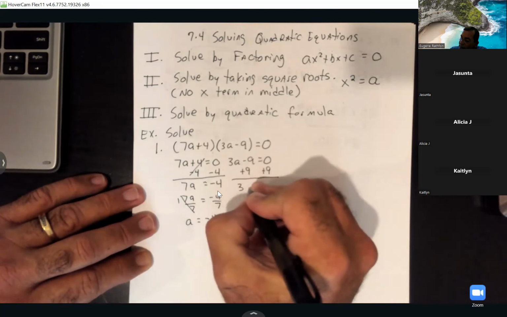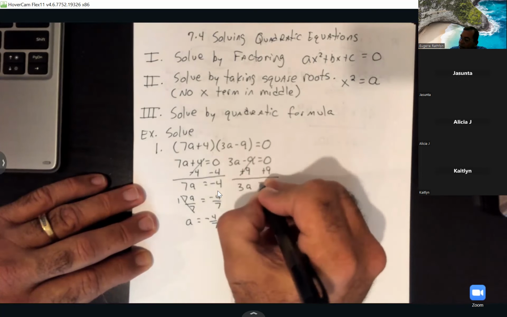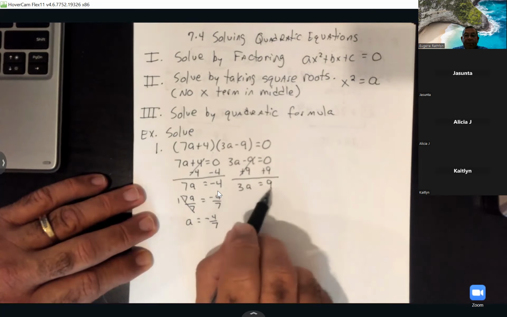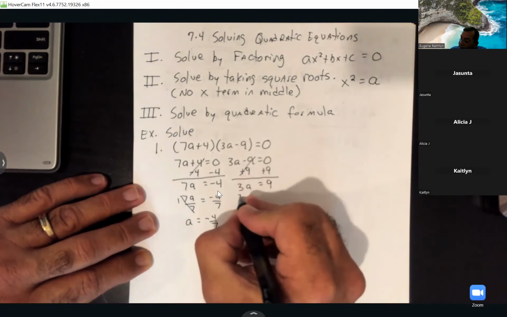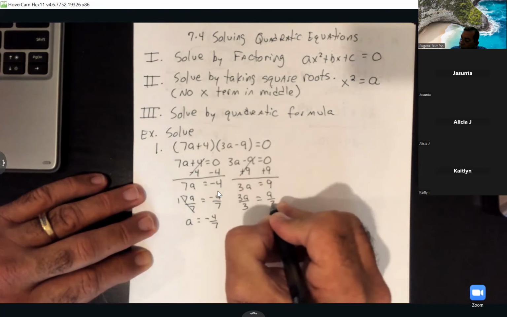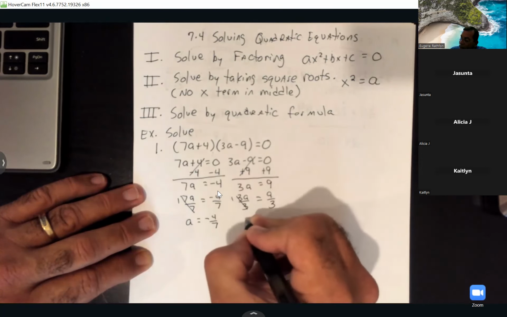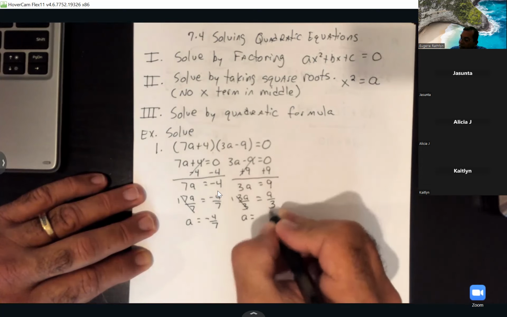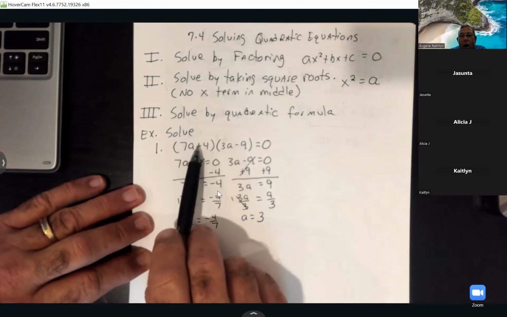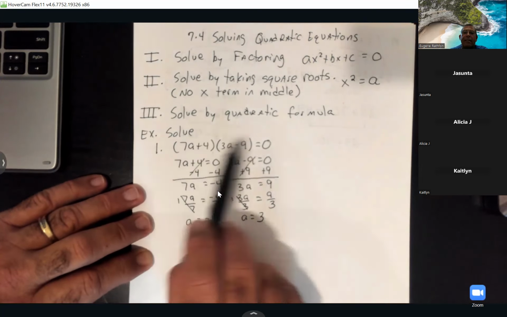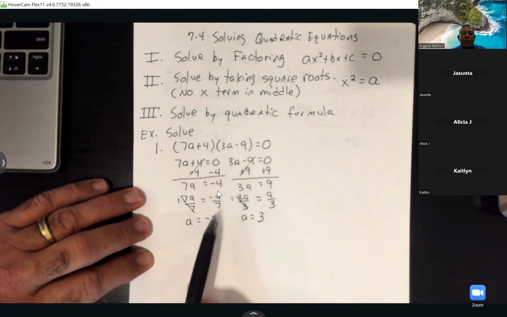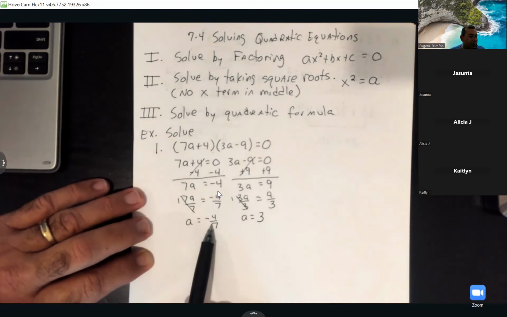So my 3a comes down, those cancel, and then I get my 9 over here, and then divide both sides by 3. So those cancel, giving me my 1a, and then 9 divided by 3 is 3. So if they're already factored in parentheses and you got a 0 on the right side, set both factors equal to 0 and get your 2 answers.